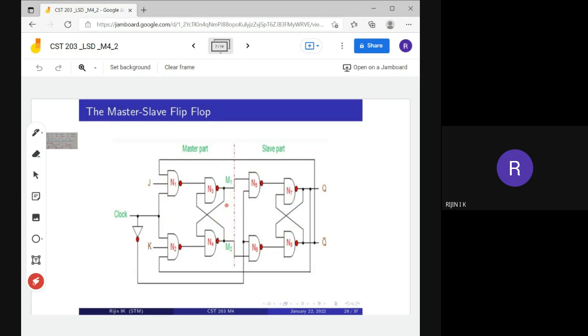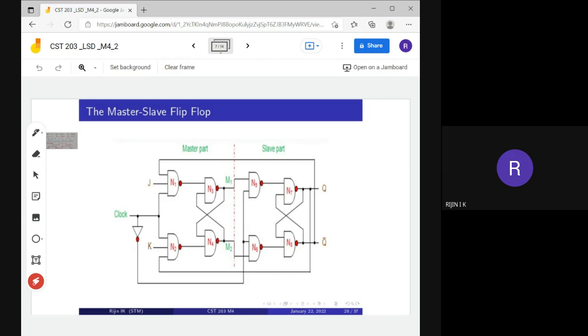In this configuration, you can see that from this Q, it is fed back to NAND gate N2, and from this Q bar, it is fed back to NAND gate N1. And this is the clock pulse. The clock pulse is directly connected to the master flip-flop, and there is an inverter. Then the inverted clock pulse is connected to the slave flip-flop.